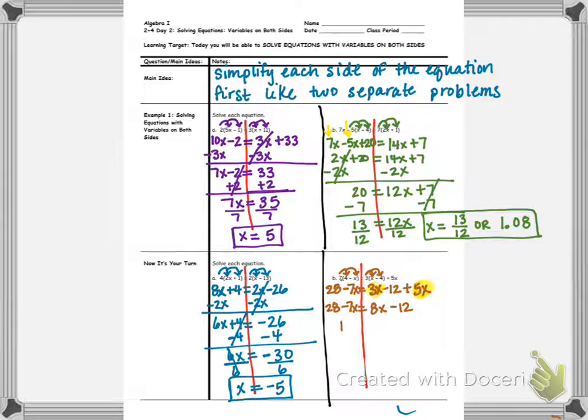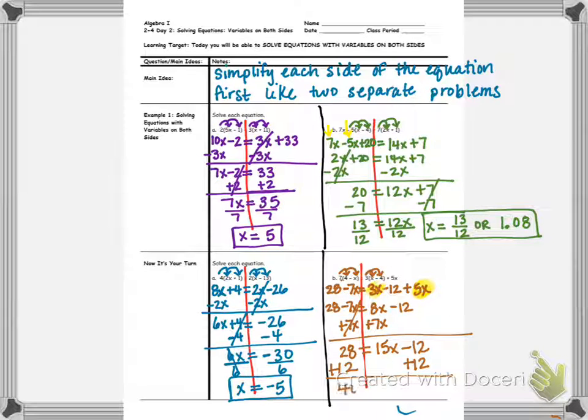So I'm going to move the 7x. And I'm going to add 7x to both sides. Bring down the 28. And then 8x plus 7x is 15x minus 12. Now that's the two-step equation, so I can just add 12 to both sides now.